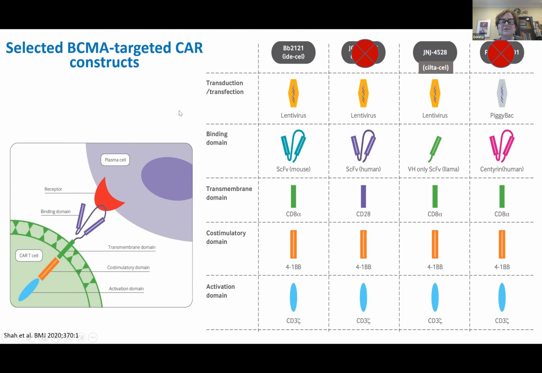Each of these products is priced, I think Cilta-cel is going to be $461,000 as a drug. One of the challenges is that it's not just a drug, it's all the lymphodepleting chemo, the hospitalization, the antibiotics, the GCSF, the intense supportive care that accompanies this, which does not accompany a usual cancer drug that's given in the clinic.